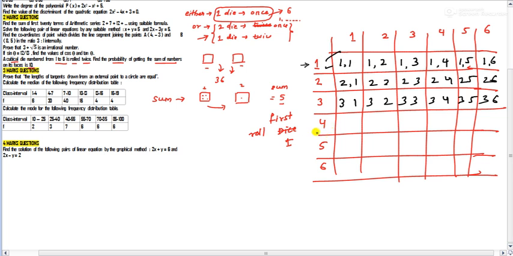These are the outcomes which we are getting. So 4 4 4, again 4, and then again 1 2 3 4 5 6, then 5.